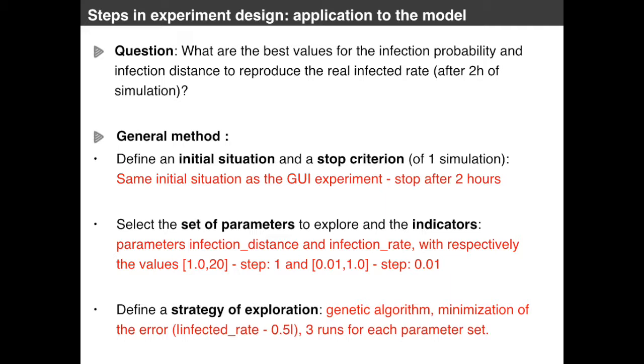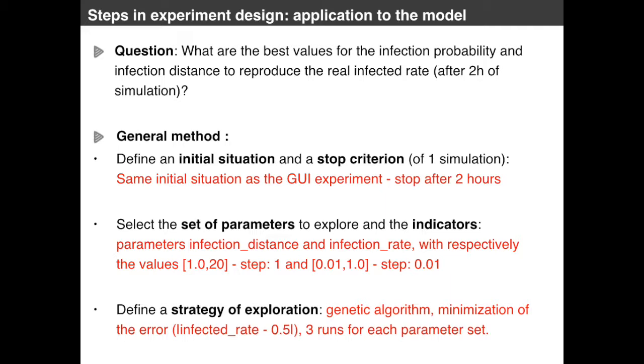In our model, we are trying to calibrate the infection probability and distance. The initial situation will be for us the same as the one of the GUI experiment. For the stopping criterion, we choose to end the simulation after 2 hours.